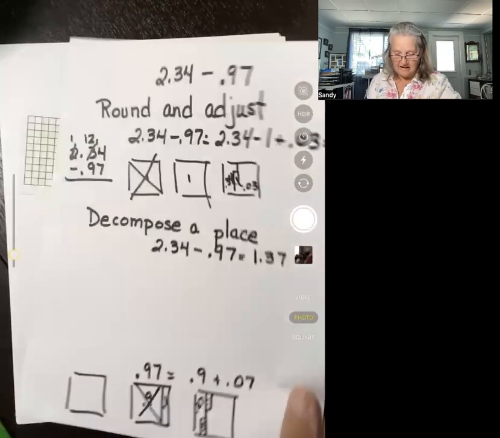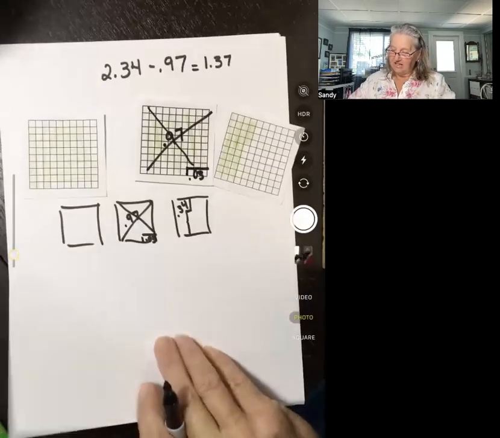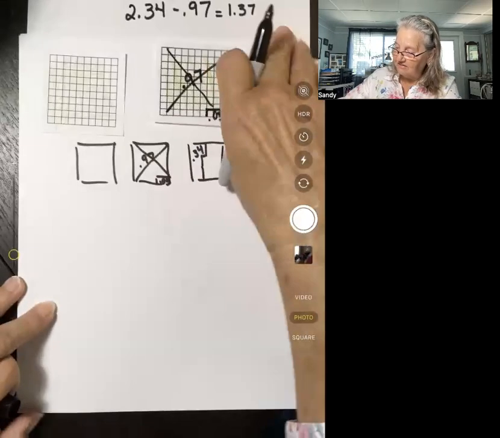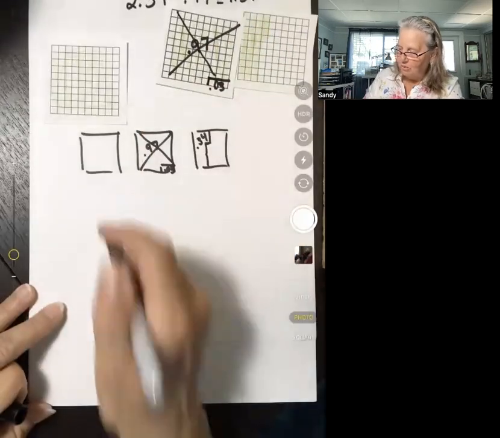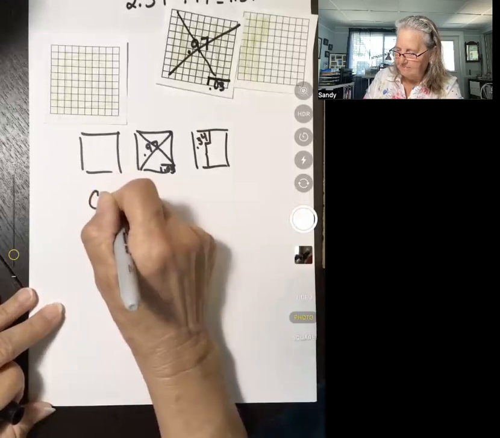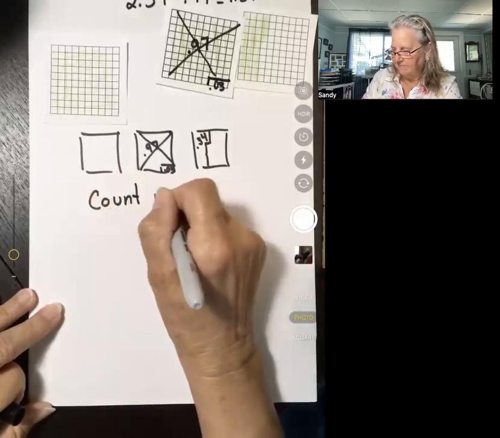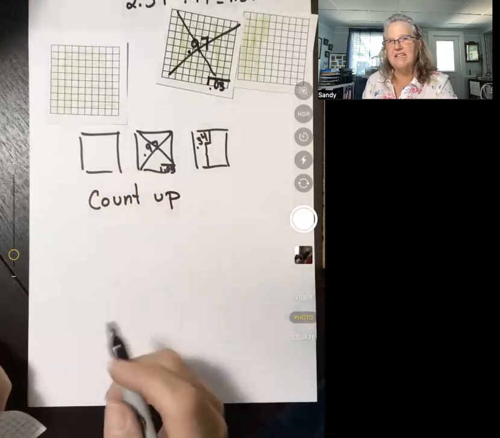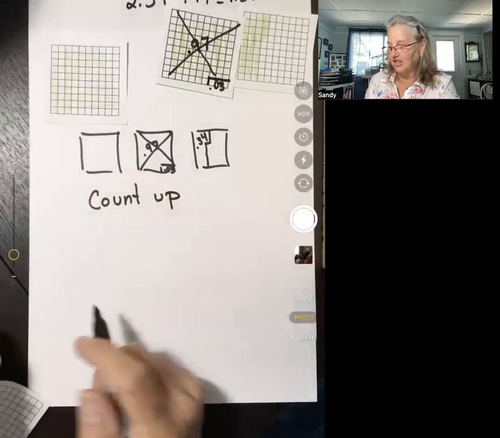Okay. Now, the other strategy that your children are learning, or that I mentioned in that starting intro video, was count up. Essentially, it's more of a missing addend, a think addition approach.